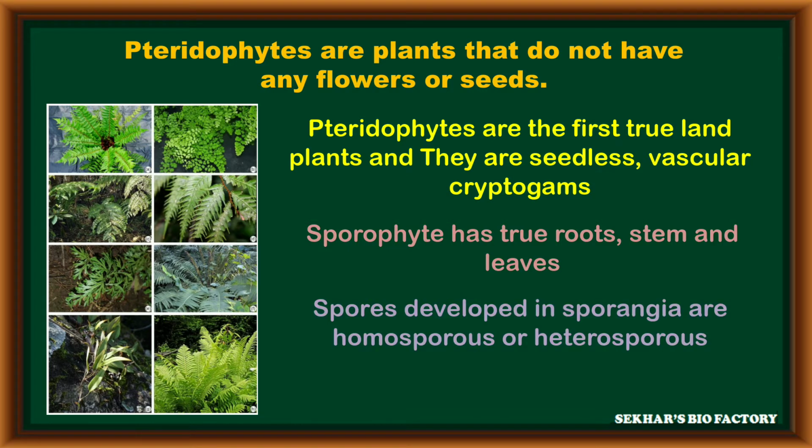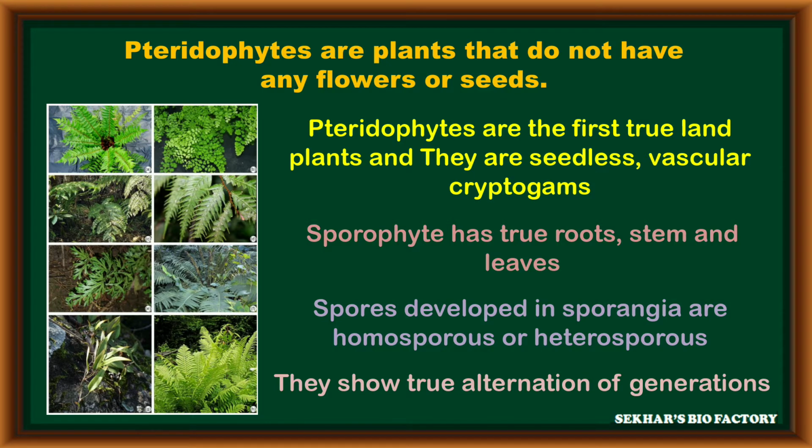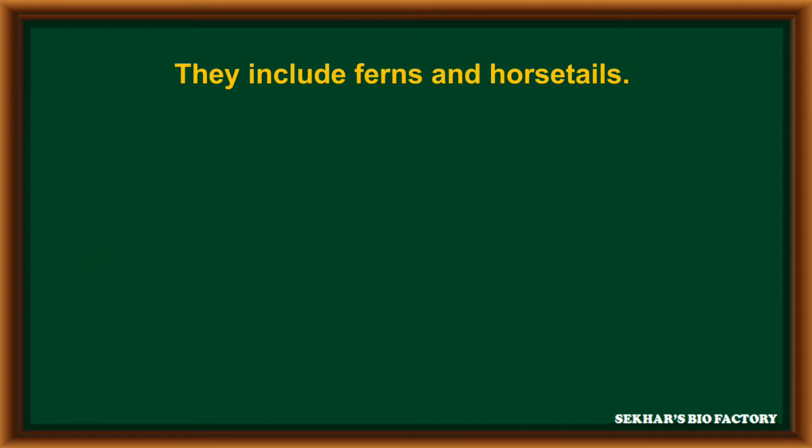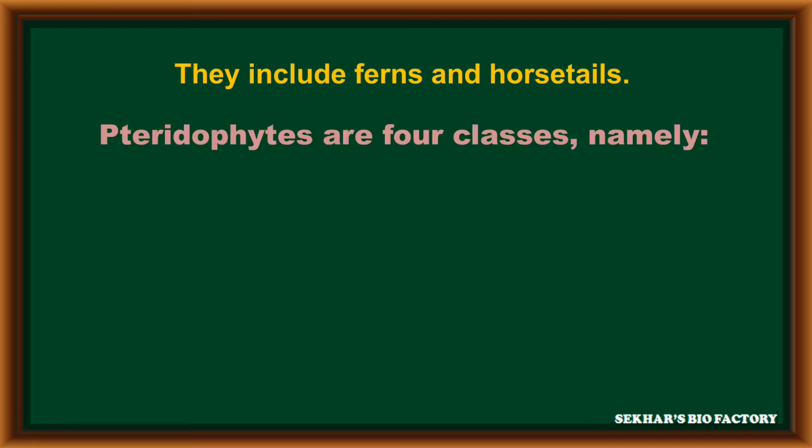Spores are developed inside the sporangium. It may be homosporous or heterosporous. The members of pteridophytes show true alternation of generation in their life cycle. Pteridophytes include ferns and horsetails.